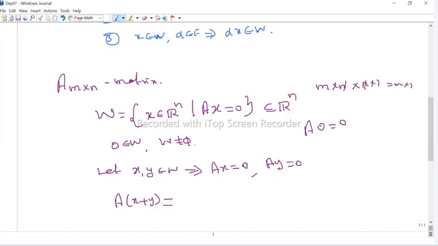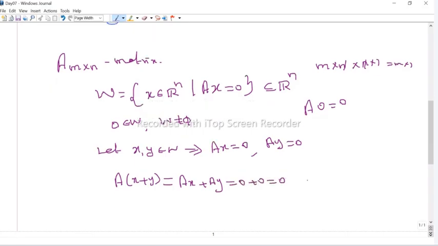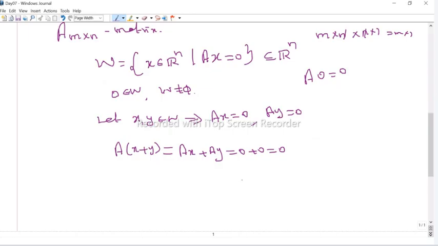By the properties of vector addition, we get Ax plus Ay, but Ax is 0 and Ay is 0, therefore 0. Since x plus y is also a solution of the homogeneous system Ax equal to 0, the sum x plus y is also in W.